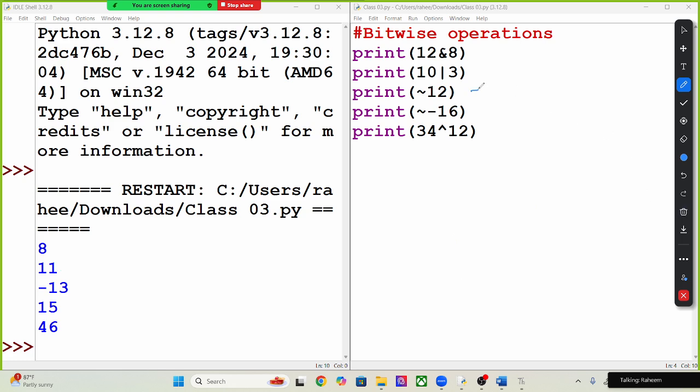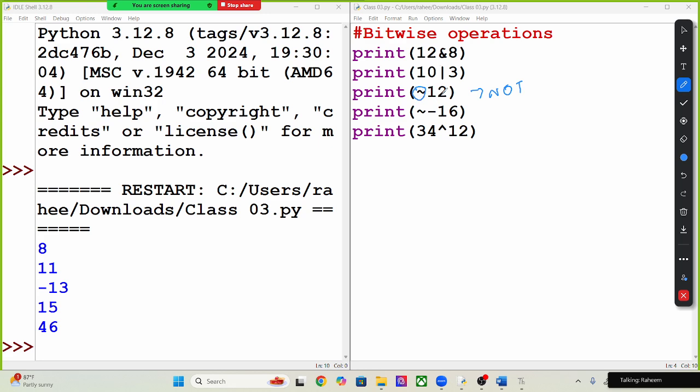The next one is the NOT operation. You know what is NOT, right? A NOT gate or NOT operation always produces the opposite. This is the symbol for NOT.